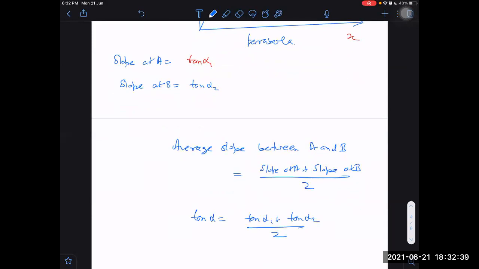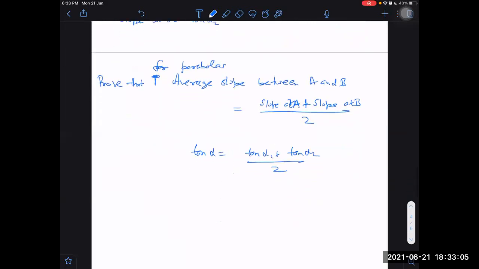How to prove it? Prove that for parabolas. Can you prove it?